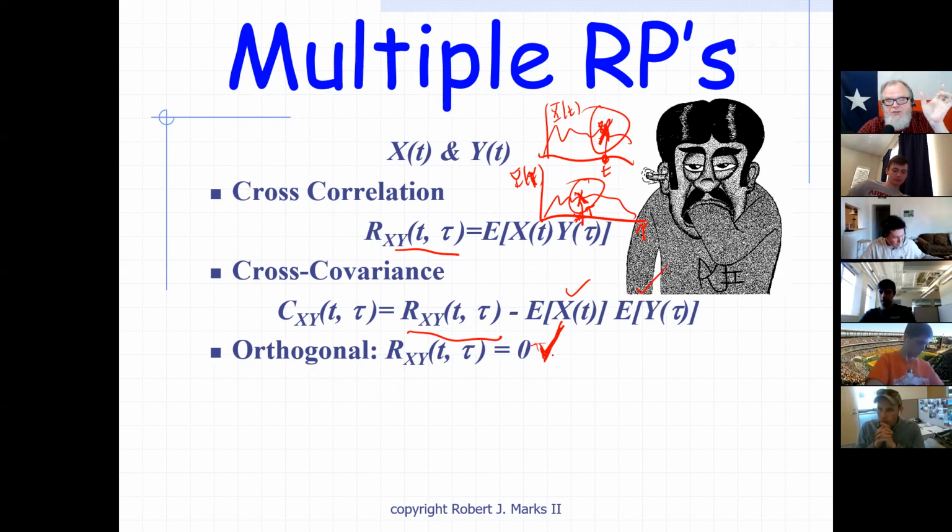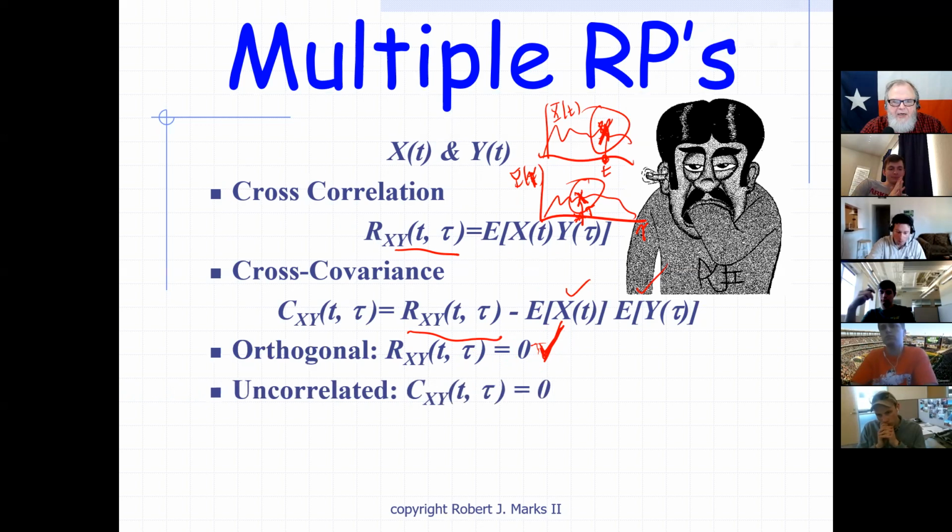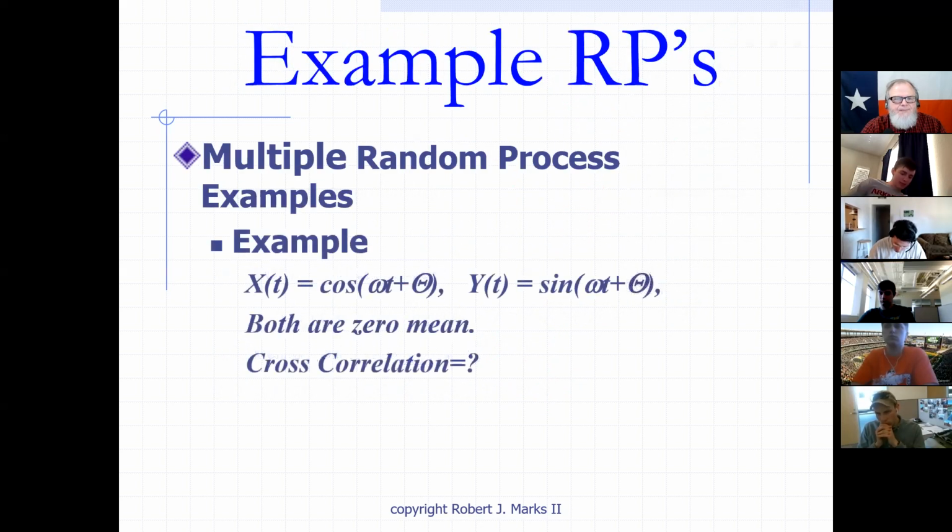We have a similar sort of situation here, except that idea of orthogonality is extended to a stochastic process. And it's orthogonal if the cross correlation of t and tau is equal to 0, then the two random variables are said to be orthogonal to each other. And they are uncorrelated if the autocovariance is equal to 0. So these are some definitions.